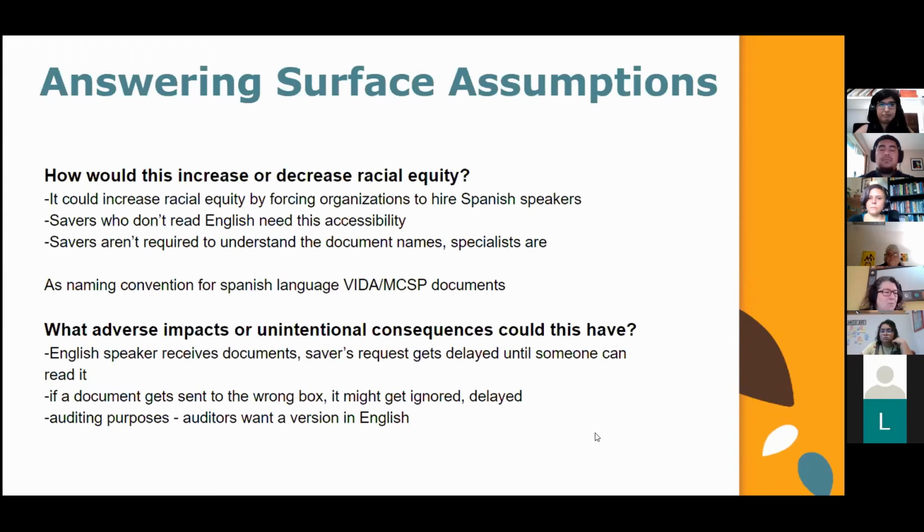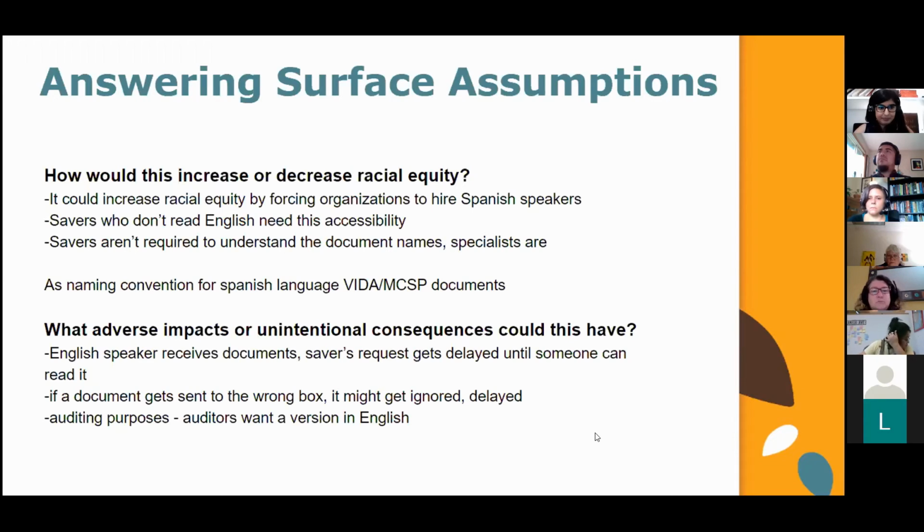Also, not everyone has English as their first language. If they are a Spanish speaker, having a form sent to you in the language that you understand best could make a really big difference. Even if it is in your language but it has a different name, it might be something you look over and miss because you weren't able to read it right away.